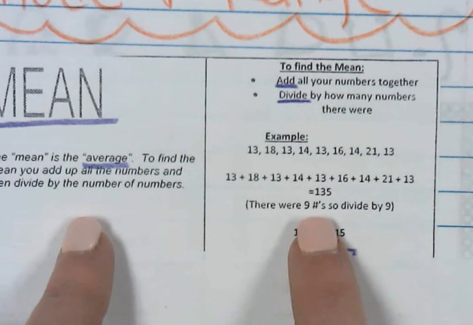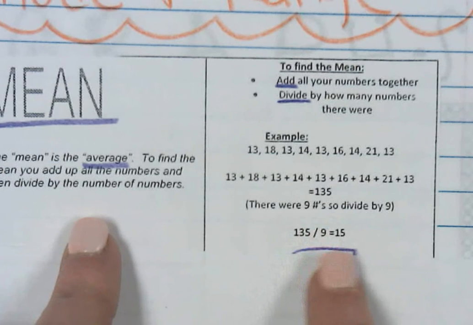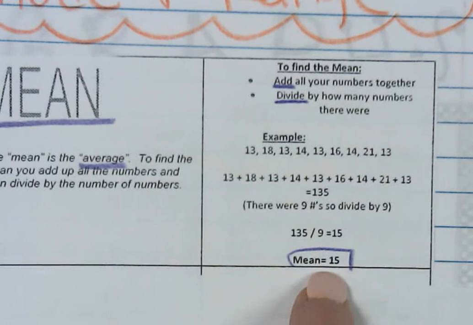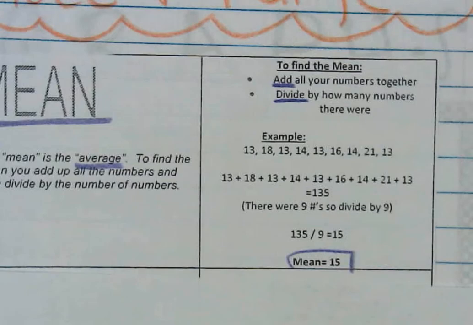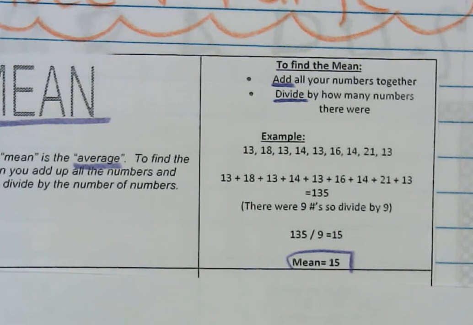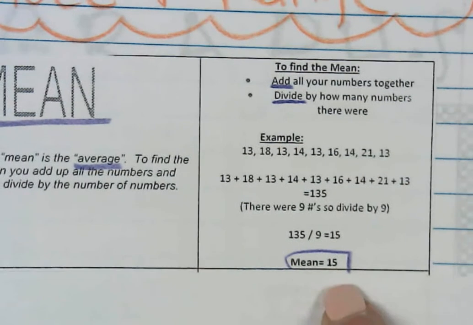Well, there were 9 numbers in our set, so that means we have to divide by 9. And when you work that out, 135 divided by 9 is 15. So the average number in that number set, or the mean of that number set, is 15. So if those were your quiz scores, your average would not be very good.